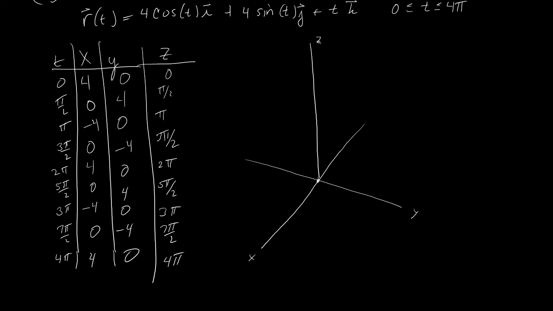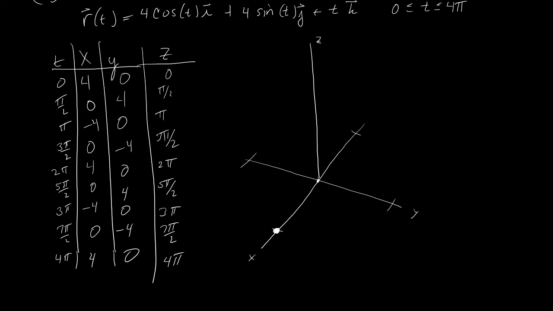Here's our origin right here. The first point is 4, 0, 0. So I'm going to make one mark out at 4. Probably need to make this one a little bit further out. There we go. So x is 4, z and y are both 0. This is our starting point right here.